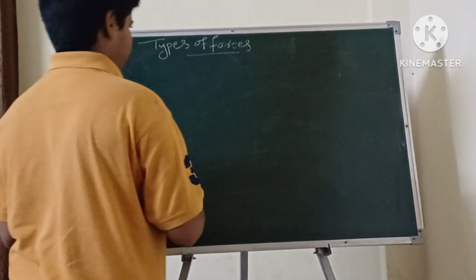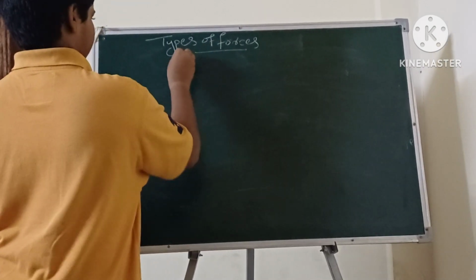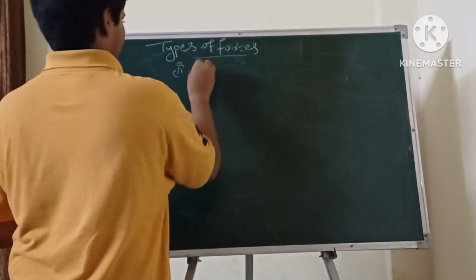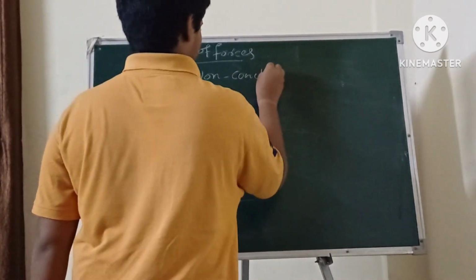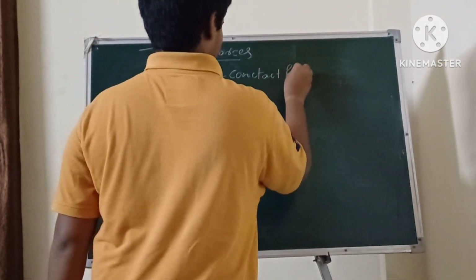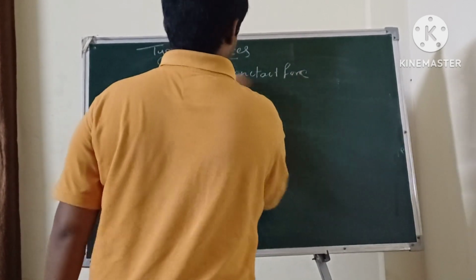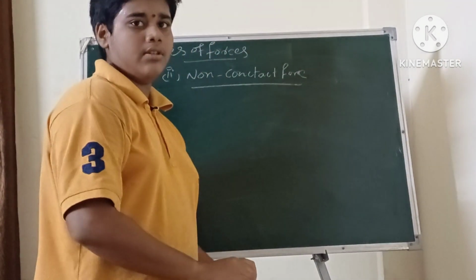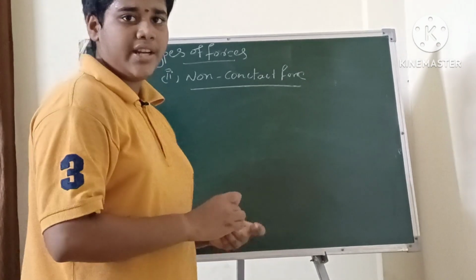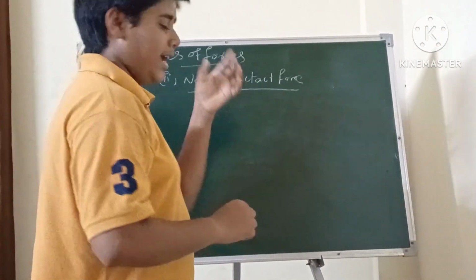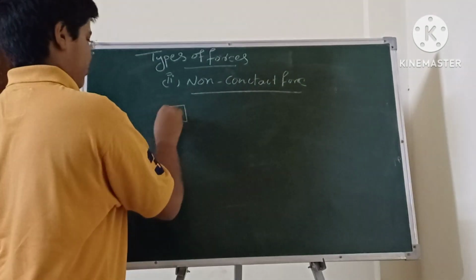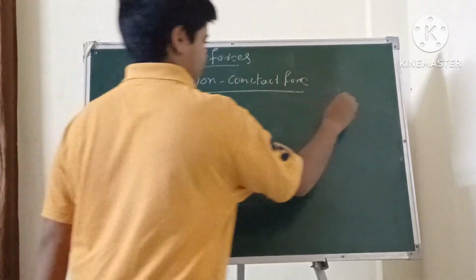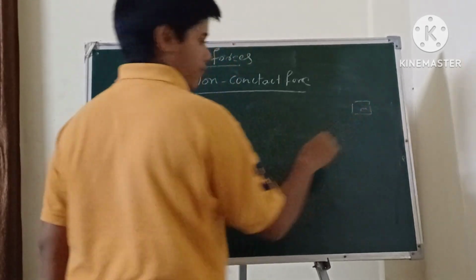So next type of types of forces. Next type, non-contact force. Non-contact force, the force which is applied in any other distances. Suppose I am taking this is one of the body and this is one of the body.